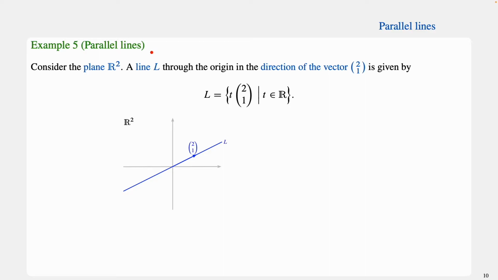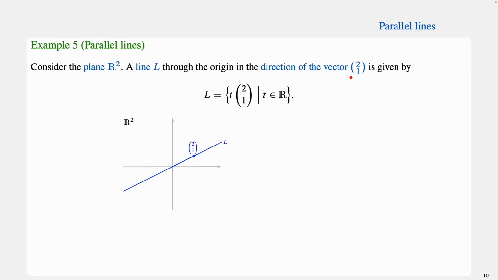Now, this is an example in the plane, a geometric example, and it would be helpful if you've been exposed to vectors before and to vector arithmetic, but even if you haven't, it should be possible for you to follow this example. What I'm looking at here is a line L in the plane that goes through the coordinate origin, where the axes meet.